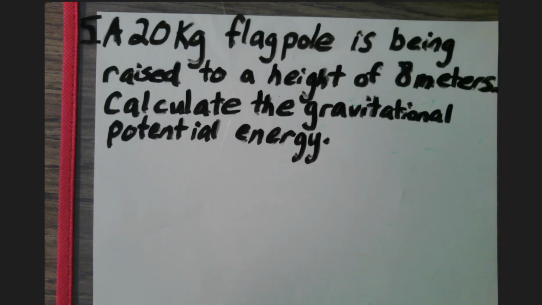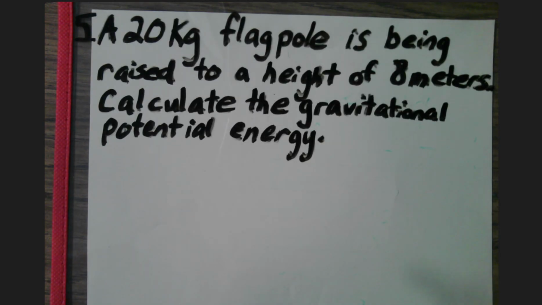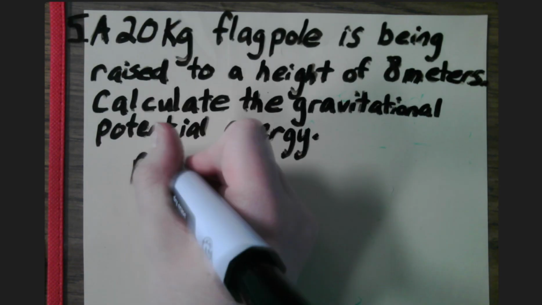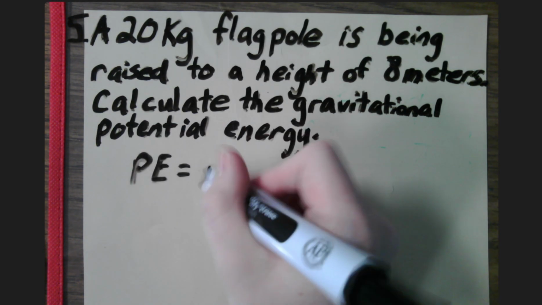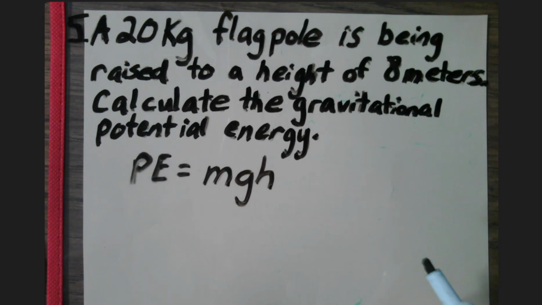Number 5. A 20 kilogram flagpole is being raised to a height of 8 meters. Calculate the gravitational potential energy. All right, so let's start with our formula. Our formula for potential energy is mass times gravity times height.